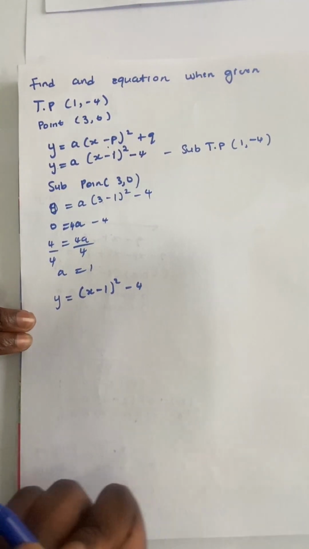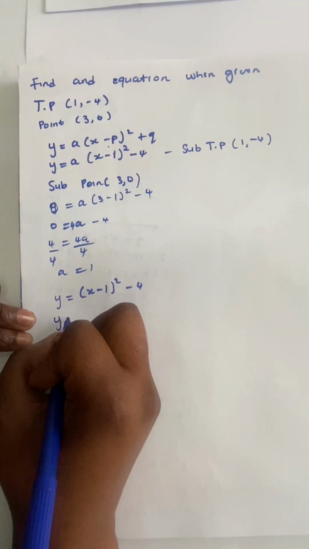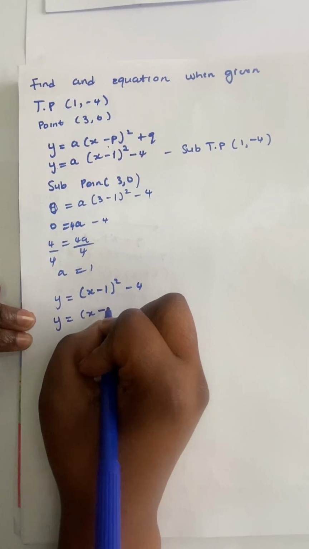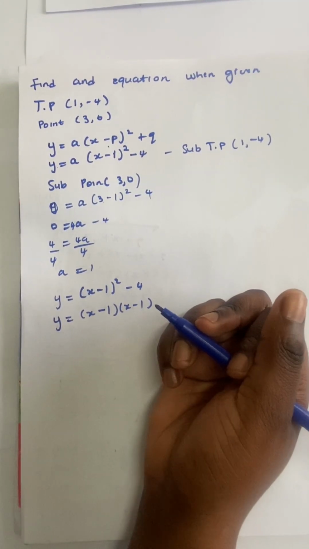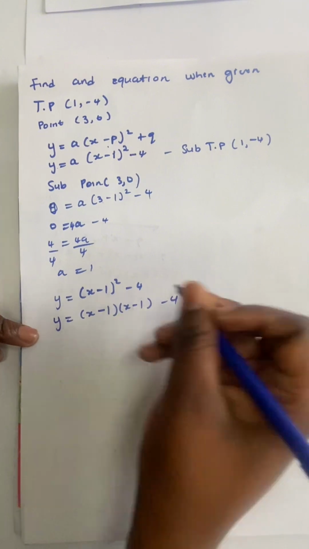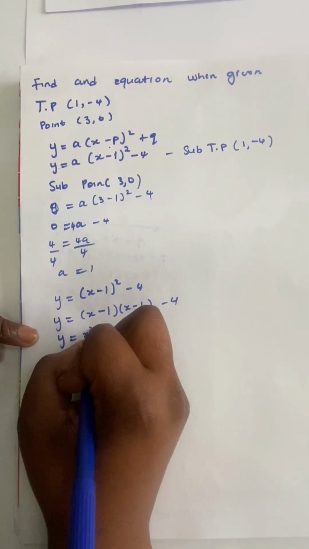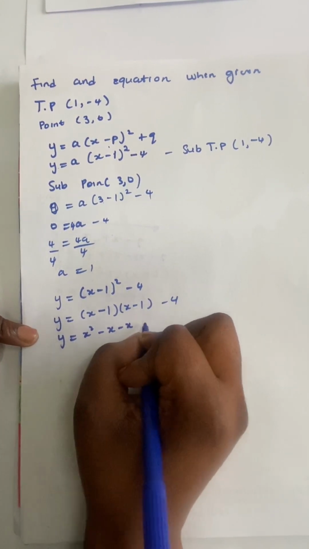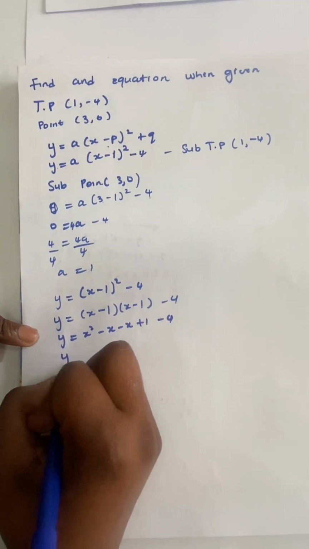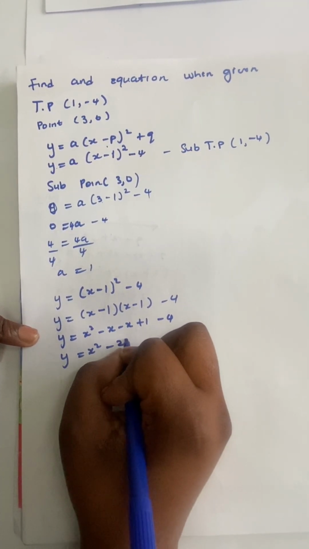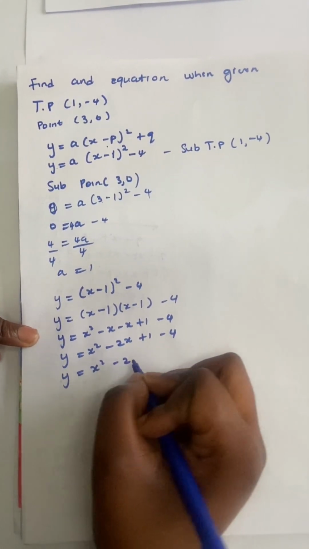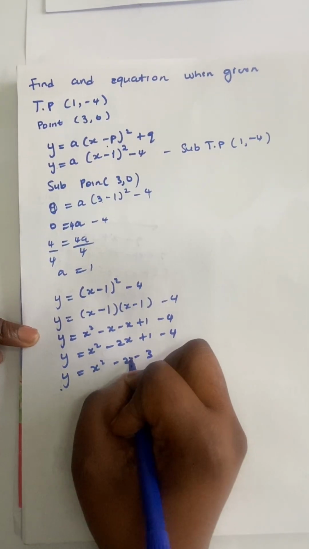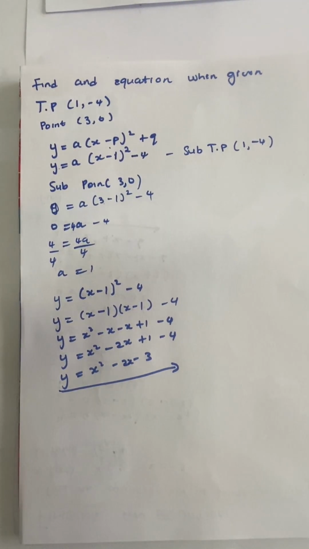So y is equal to x minus 1, x minus 1, you have to repeat what is inside, minus 4. y is equal to x squared minus x minus x plus 1 minus 4, y is equal to x squared minus 2x plus 1 minus 4, and then your final answer is y is equal to x squared minus 2x minus 3. This is your equation of a parabola.